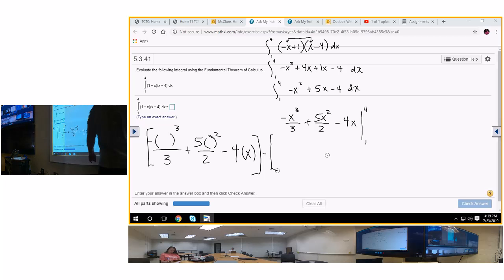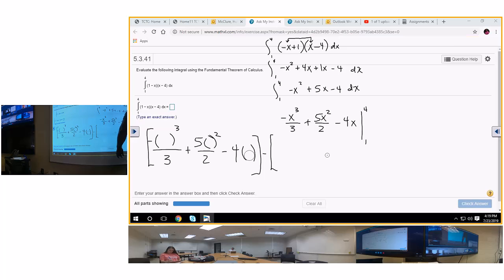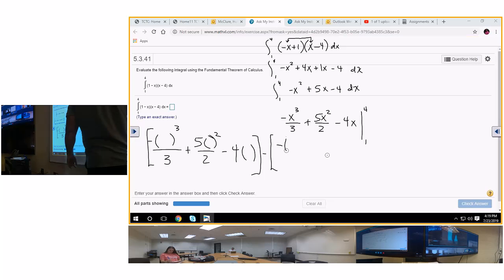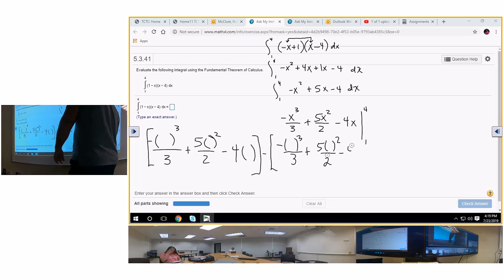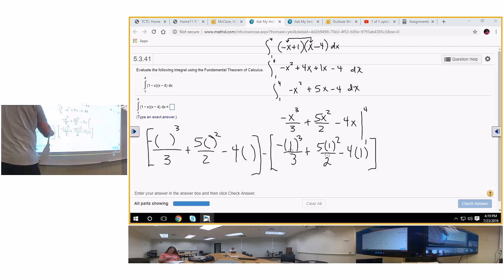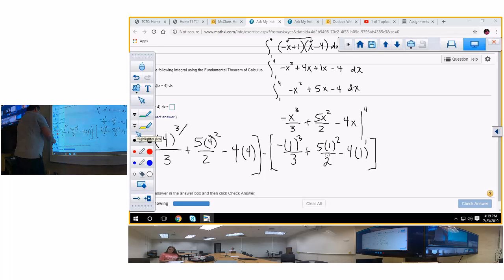Oops, that's not supposed to be an X. Sorry. And that's going to be negative parentheses cubed over 3 plus 5 parentheses squared over 2 minus 4 times parentheses. And that's going to be a 1, a 1, a 1, 4, 4, 4.